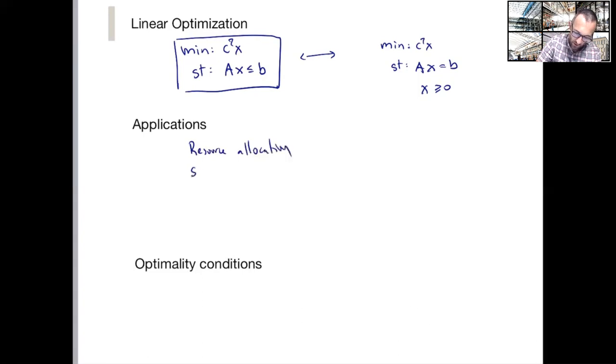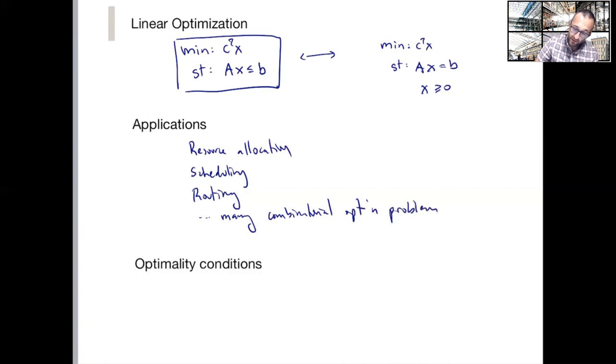You can model scheduling and routing and many other combinatorial optimization problems. They can be either written exactly with linear programming, linear programming can be used as a tool to solve them, or they can be approximated using linear programming.